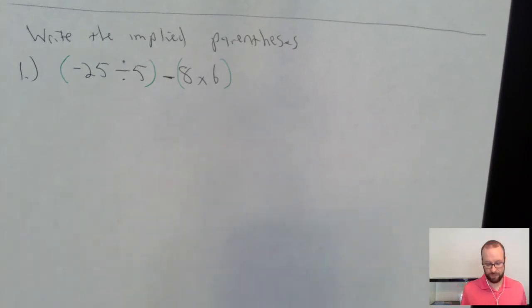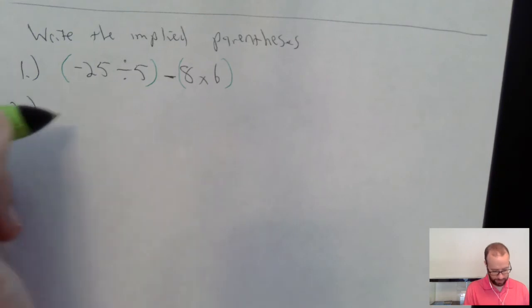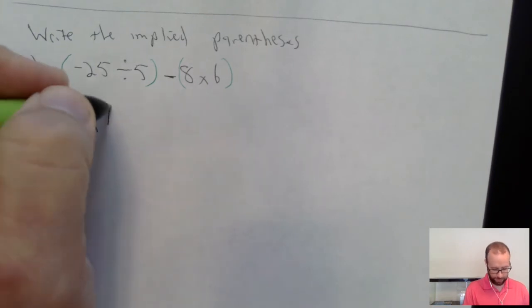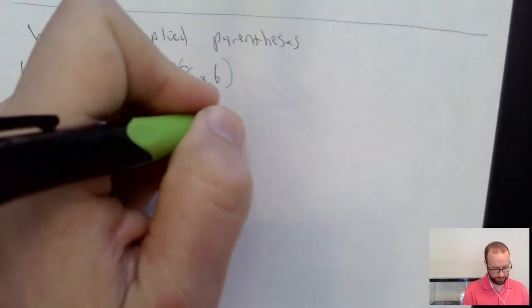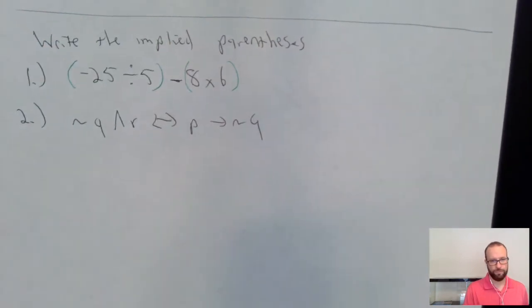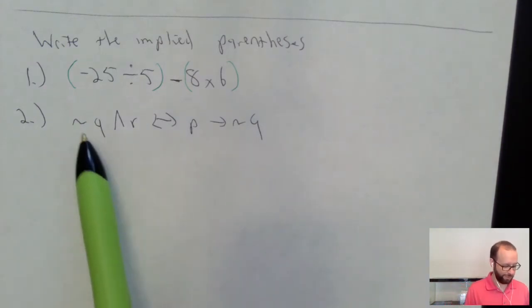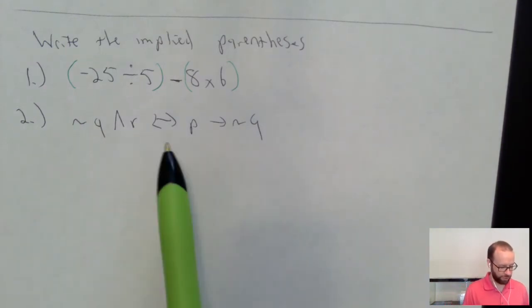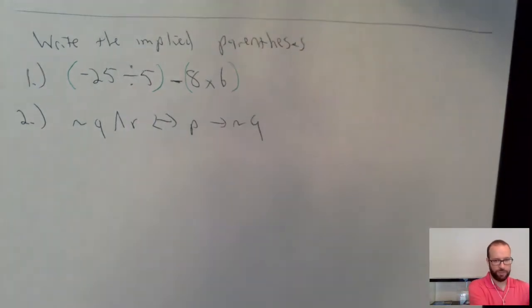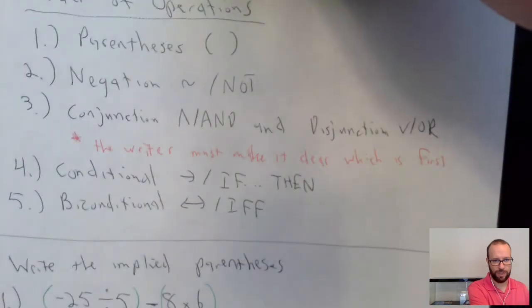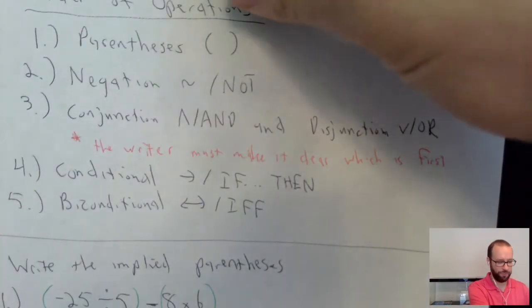So we're going to do the same thing with logic. Let's say we had not Q and R, if and only if P, only if not Q. Okay, it's a bunch of crazy stuff, but look, here we have a negation. We know we'd do that first. But then we've got a conjunction, a biconditional, and a conditional. So let's look, conjunction, biconditional, conditional. I see the conjunction beats out both of those.